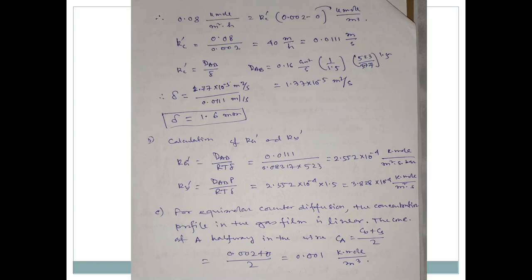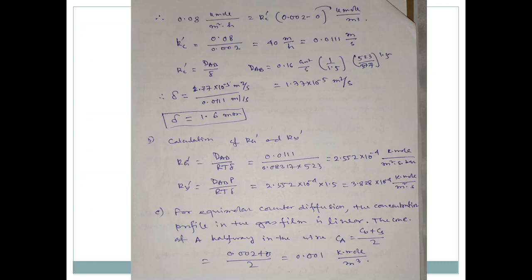And the third problem we have done was equimolar counter diffusion where flux was given, then we calculated the film thickness. Where either flux or film thickness is given, thereafter we can calculate the other mass transfer coefficient from the equations.